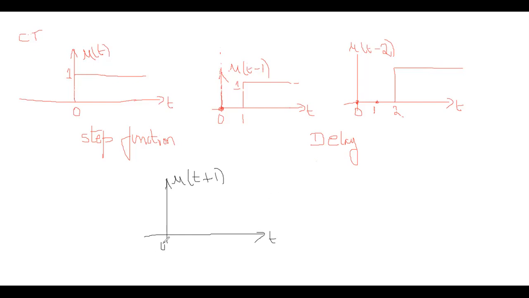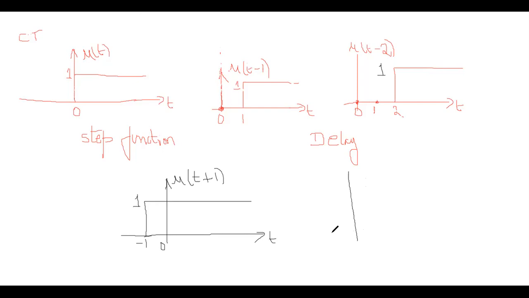The reference you can take as 0 here. Advanced means before 0 it is 0, it starts from minus 1. The magnitude of the step function is the same, 1 only. There is no change in the magnitude. The magnitude is 1, one sample towards the left side.